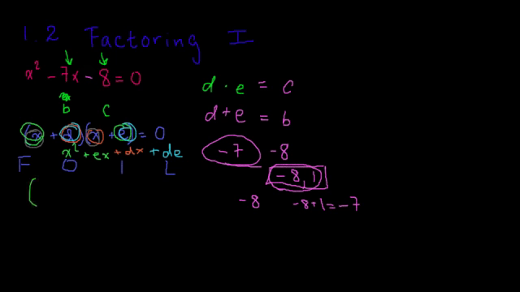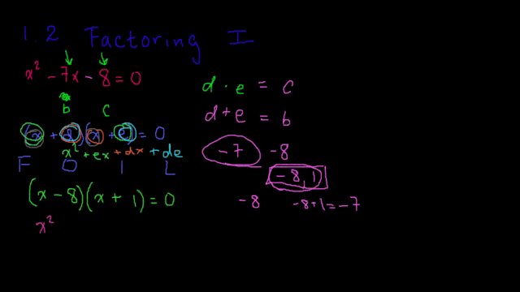So what is our d? Our d is negative 8, so we'll put x minus 8. And then our e is positive 1, so x plus 1. Now, let's use FOIL to figure out if that's true. Well, first we're going to do x times x, so that's x squared.